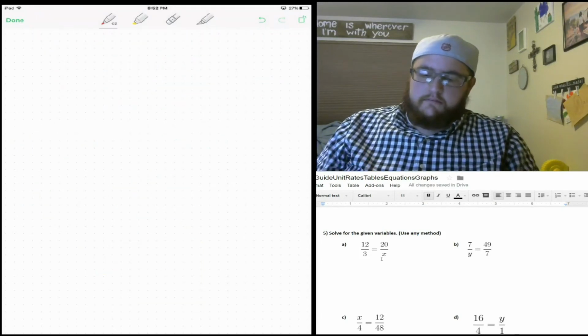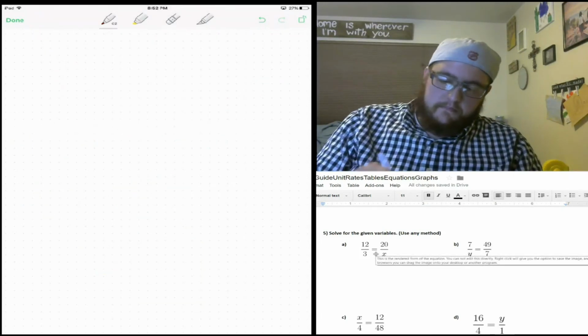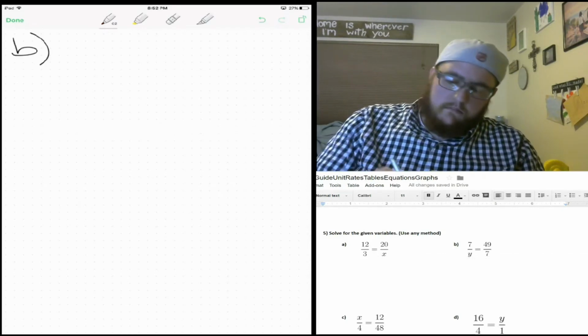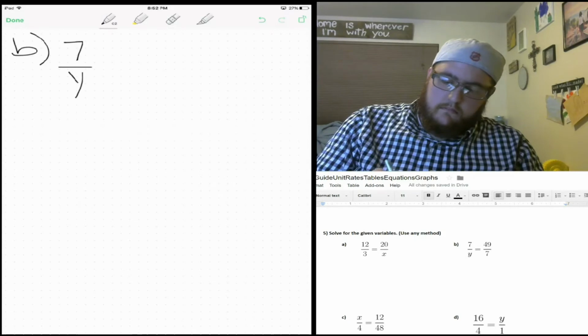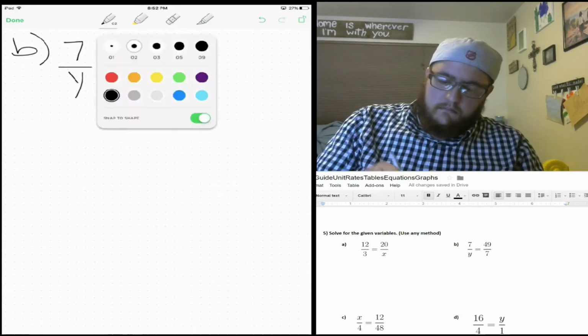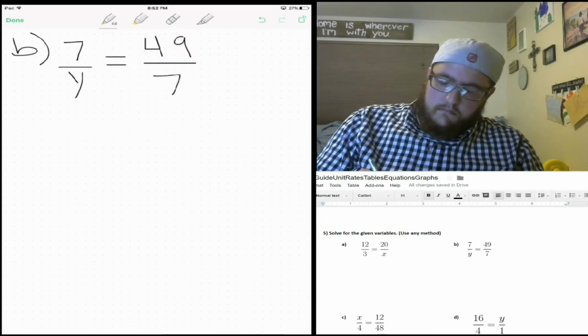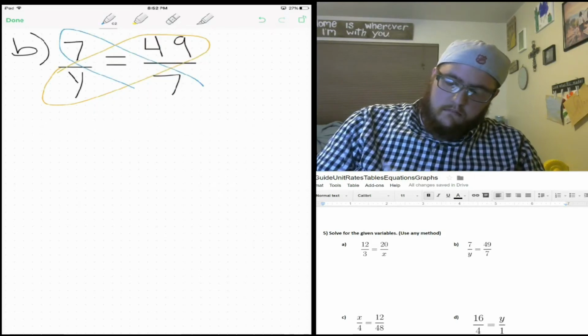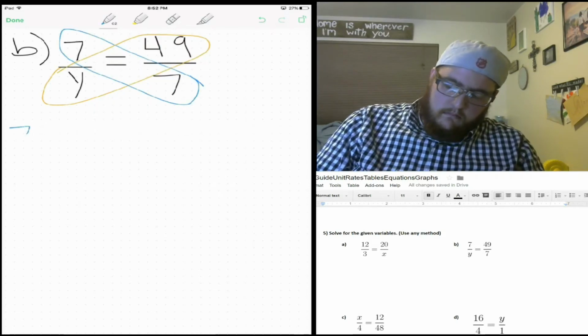Now let's do 5B. So I'll go ahead and write my ratios. And then I will set up my butterfly wings. I will set the product of one butterfly wing equal to the product of the second butterfly wing.